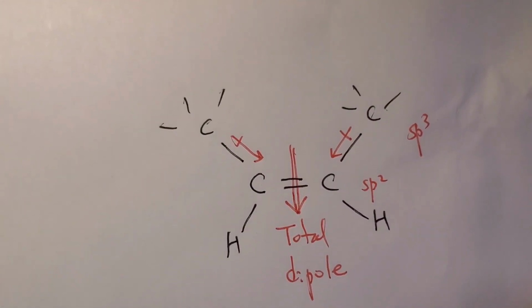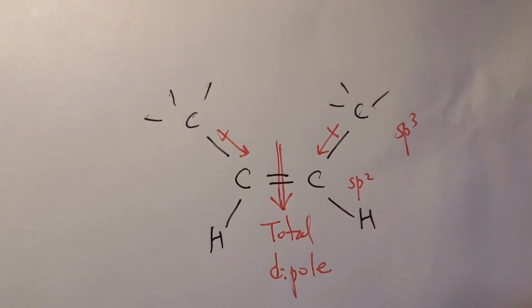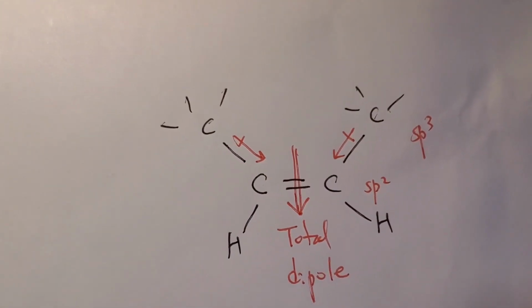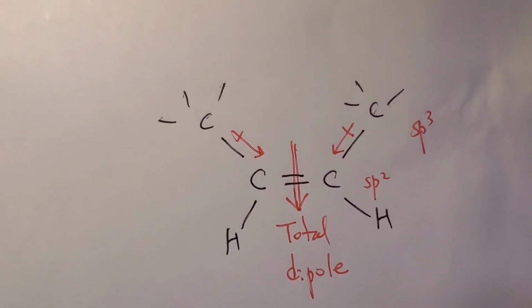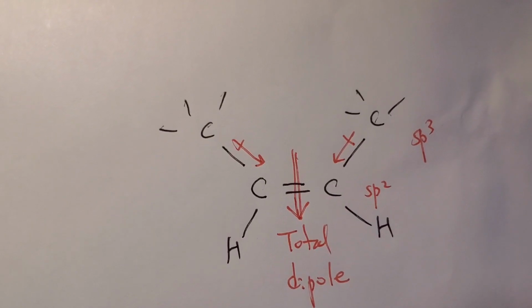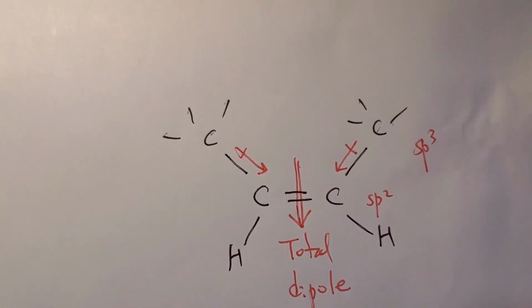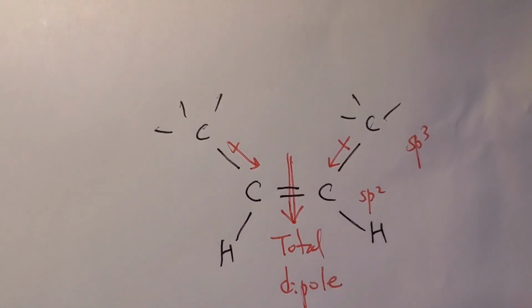Then you can add up those two vectors, and you have the total dipole going down, stronger, and that way you can see the carbon-hydrogen and carbon-carbon double bond are polarized, especially the double bond. So it could give you stronger absorption. So you know more than just alkene out of that spectrum.